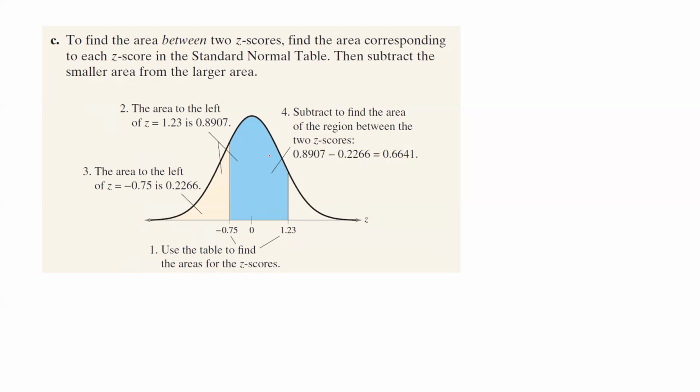So again, the area to the left is cumulative area. The area to the left-hand side of 1.23 minus the area to the left-hand side of negative 0.75 gives us the middle area, which is 66.41%. So in this class, we're going to learn how to run different codes and calculate the probability.